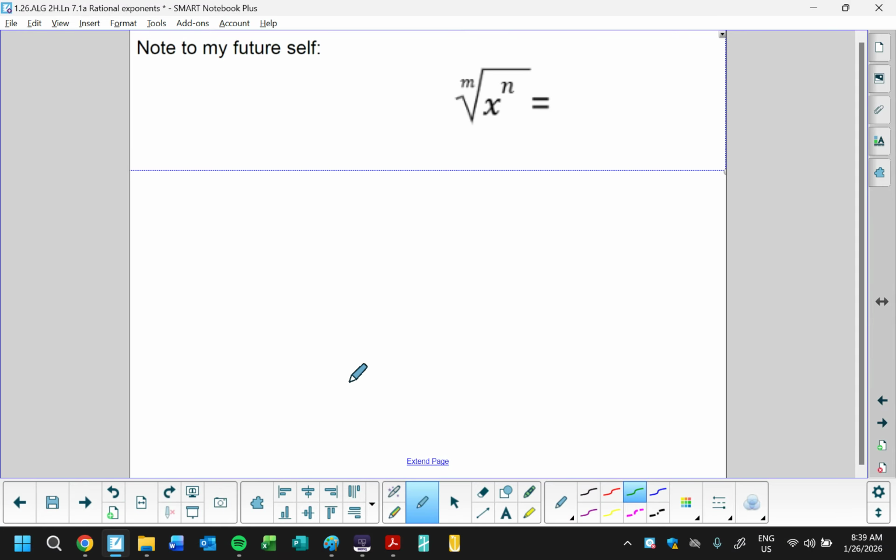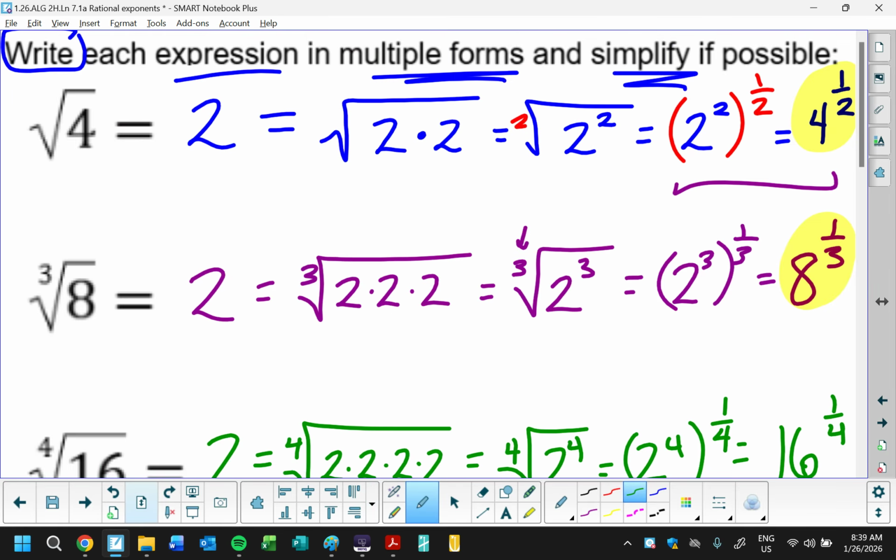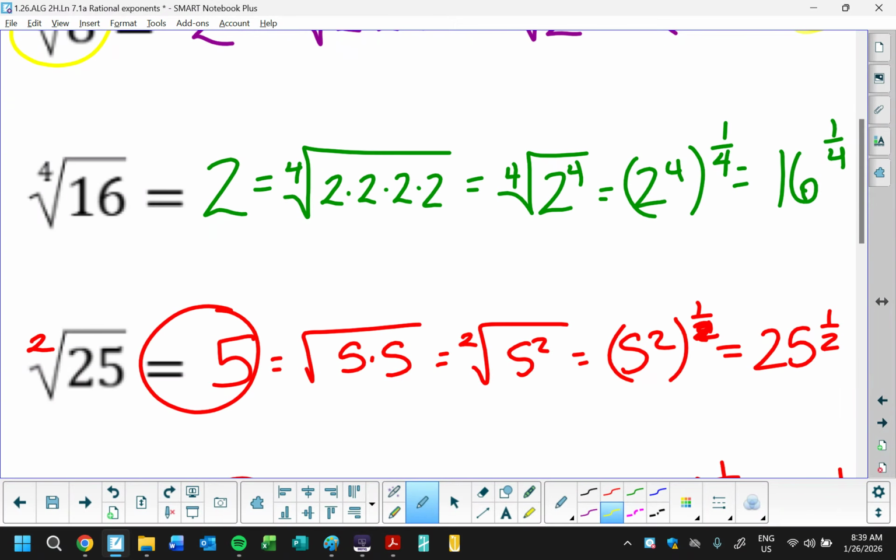Let's go on to the next part with maybe the most important piece, and that is the connection. Can you connect the square root of 4 to 4 to the 1/2? The cube root of 8 with 8 to the 1/3. 16 to the 1st with the 4th root becomes 16 to the 1/4. 25 to the 1st, the 2nd root of which, 25 to the 1/2.